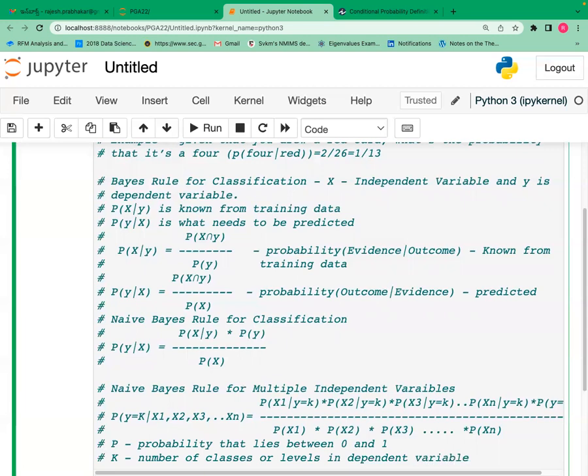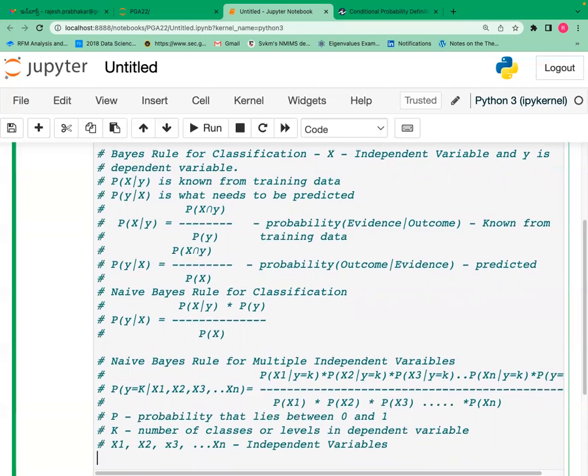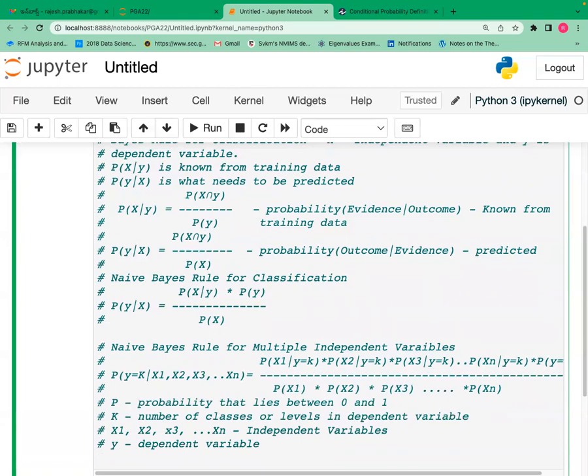If it is multinomial, more than 2 levels. What are x1, x2, x3 till xn? We call them independent variables. Now, what is y here? Y is the dependent variable. So this is the breakdown of the formula.